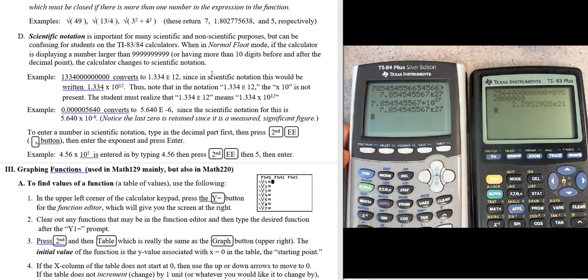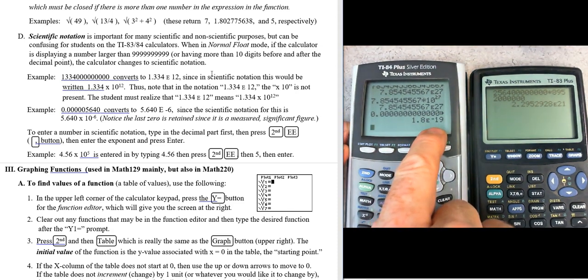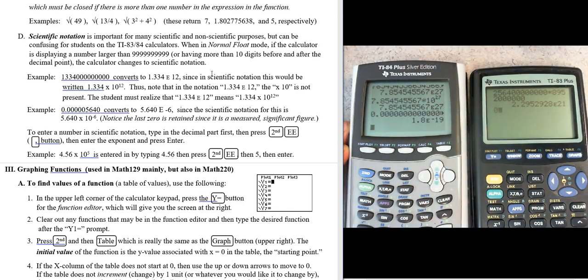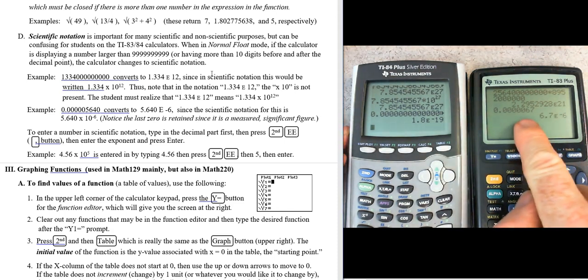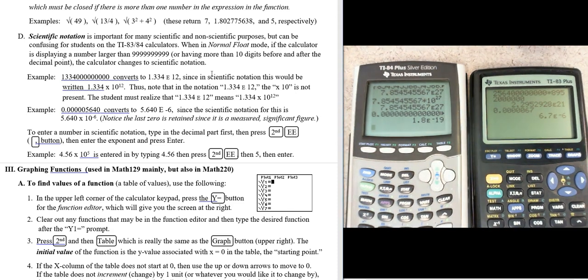Now if I go 0.000000000, lots of zeros and then 18 at the end, it does scientific notation, but it uses a negative exponent. I'm not sure if something like this is going to do the same thing. Yes, it does. So it wasn't even a matter of not being able to fit on the screen. It just automatically switches to scientific notation at some point when it's a very small number.